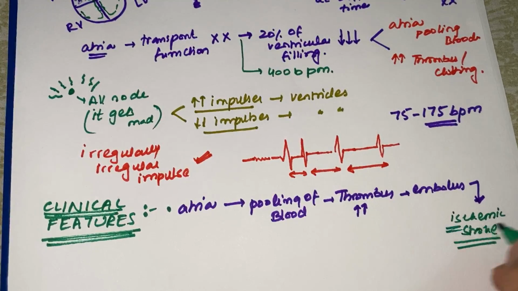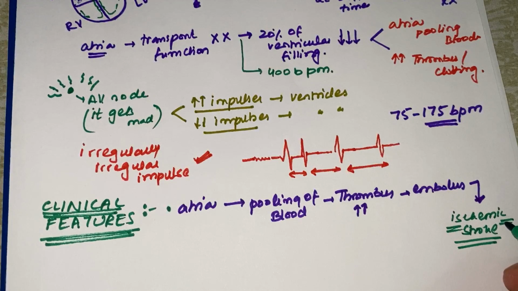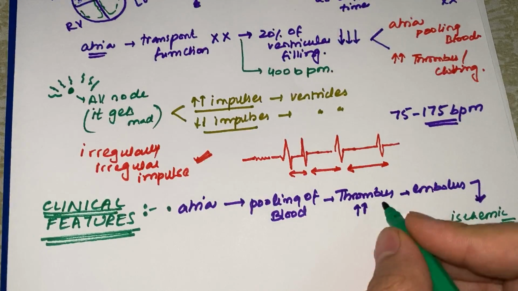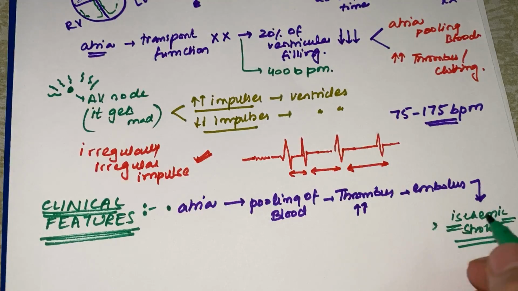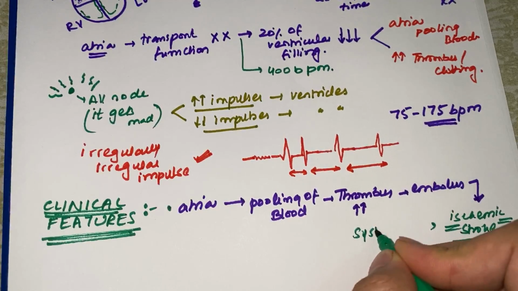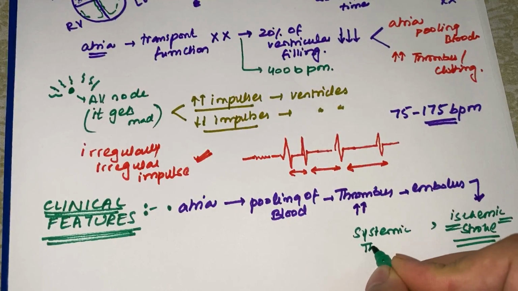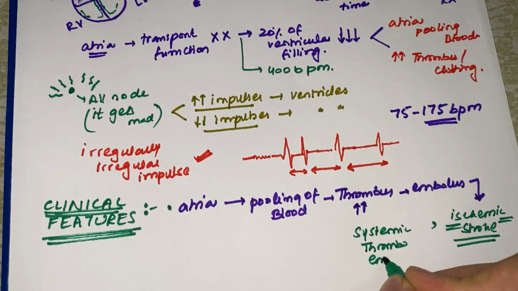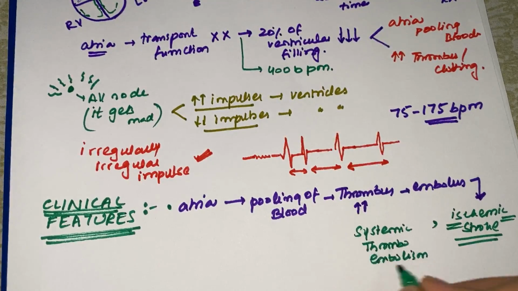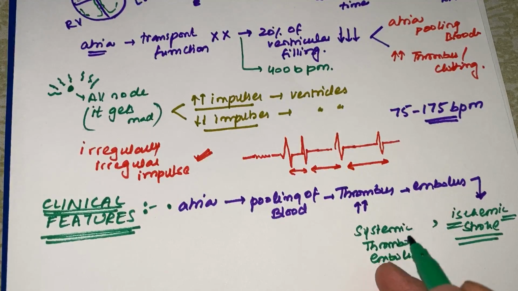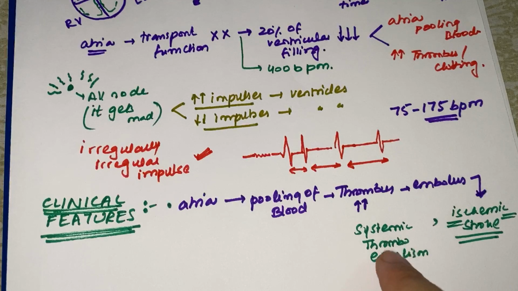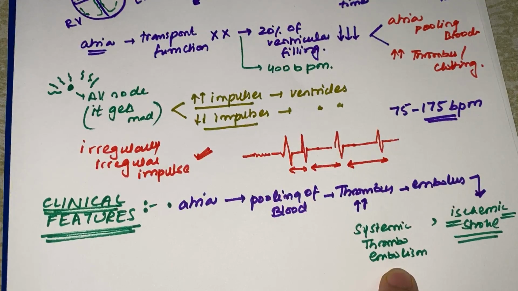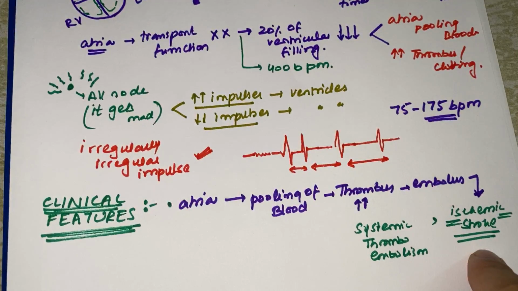So the patient can have ischemic stroke, or this embolus blocking any of the systemic arteries will lead to systemic thromboembolism. Now when it blocks any systemic artery, then depending on that artery and which organ it supplies, infarcts will form in that organ as a result of blockage of the artery. This is one clinical feature.